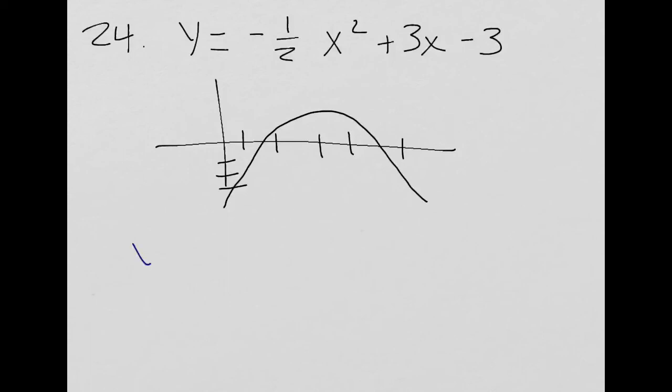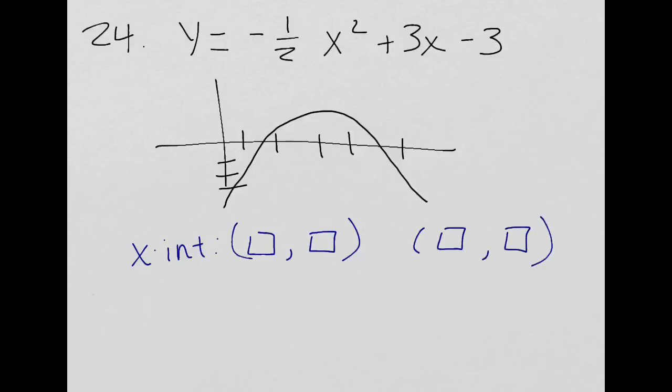The first question asks you for the x-intercepts. So in order to do x-intercepts, you're looking for these two. This first one looks like it's between 1 and 2. So you're going to do second trace and choose number 2, which is zero.